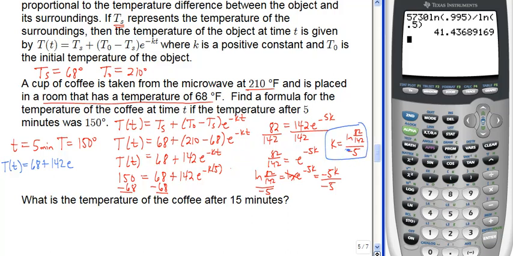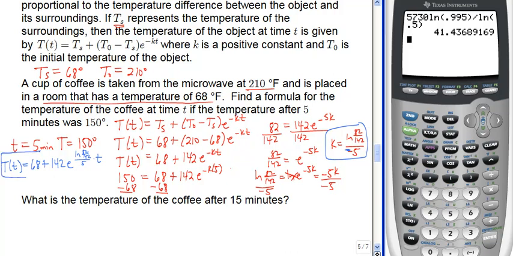So the negative cancels out, so this is going to be ln of 82 over 142 divided by a positive 5 times t. So the negative that was in front of the 5 cancels out the negative that's supposed to be in front of that k.